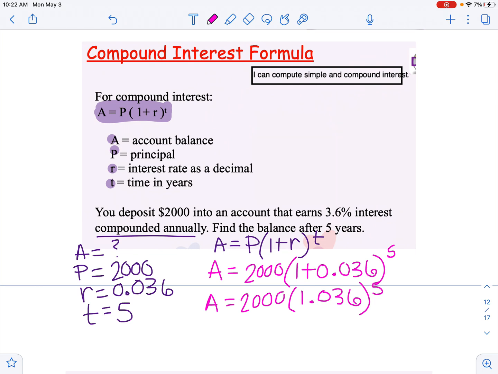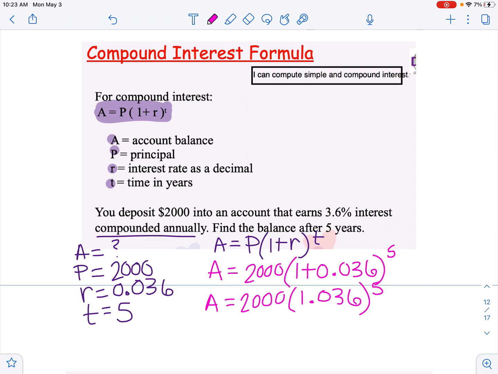Well, using order of operations, I know exponents come before multiplication. So in my calculator, I'm going to take 1.036 to the 5th power. Everybody's calculator is a little bit different. Some of you might have a caret key, that little key that's pointing upward. So do that 1.036 to the caret key of 5, and I get 1.1934, right?